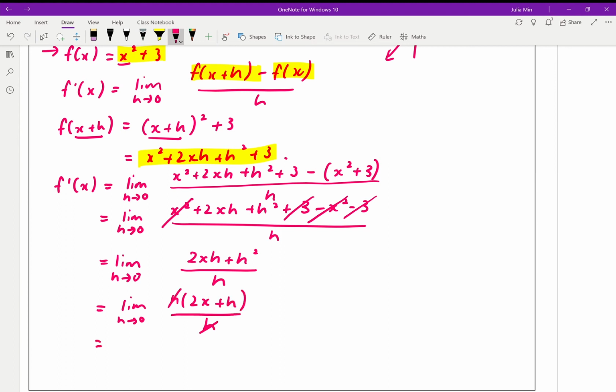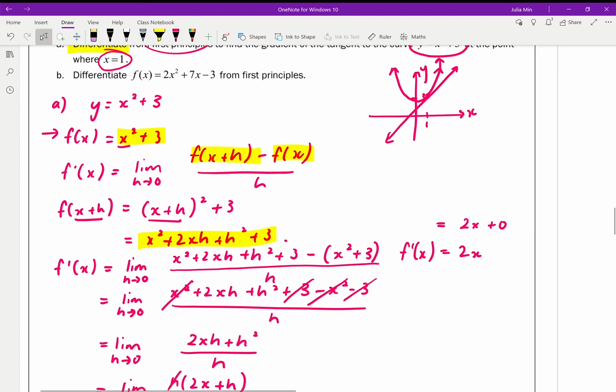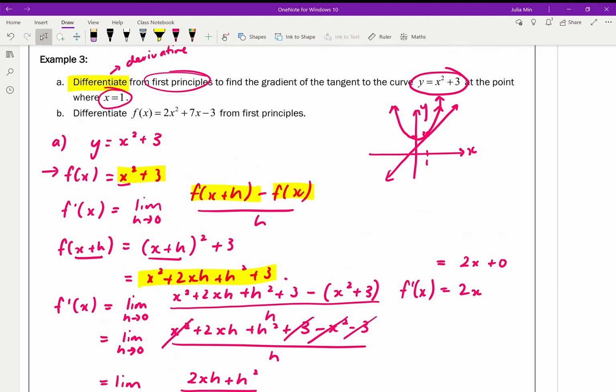Cancel, cancel, so you get the limit as h approaches 0 equals 2x plus h, and then that just ends up equaling 2x plus 0, which is just 2x. So f dash x, the derivative function, is 2x. So I found that. Now to find the specific gradient at x equals 1, you say, let's sub it in. When x equals 1, the gradient is 2.